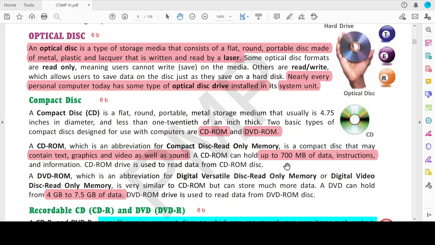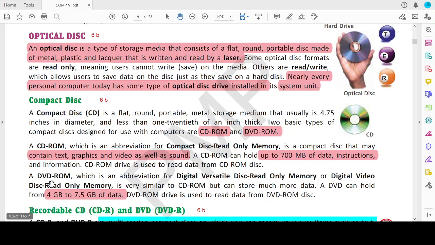You will learn about the units of storage in the next chapter when you read about memory. So 700 MB means only a part of a GB. 1024 MB of data is equal to 1 GB, so 700 MB is far less than that.